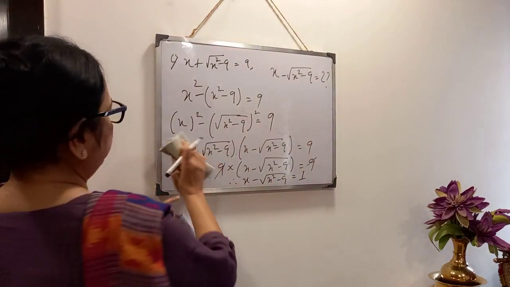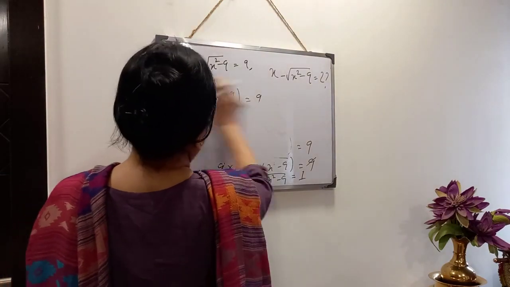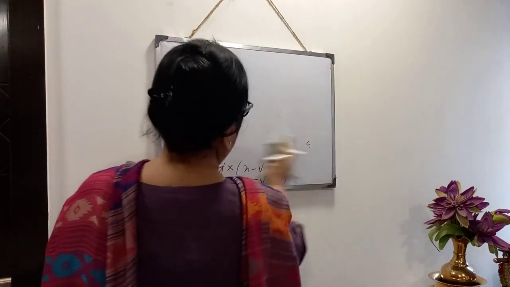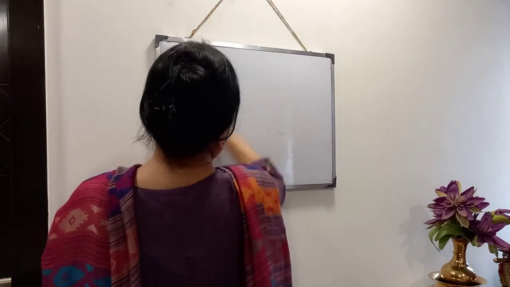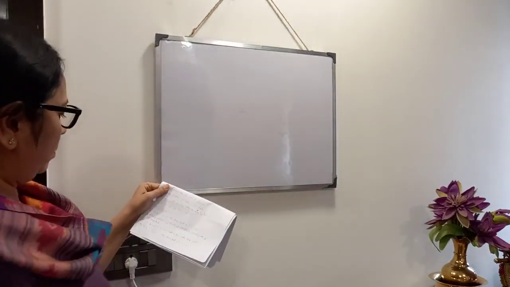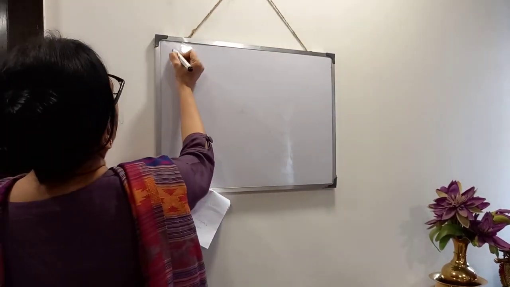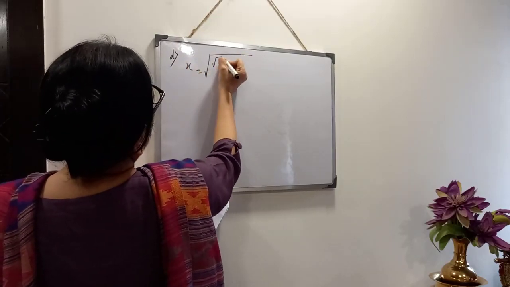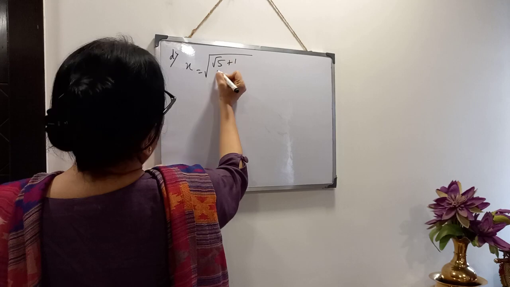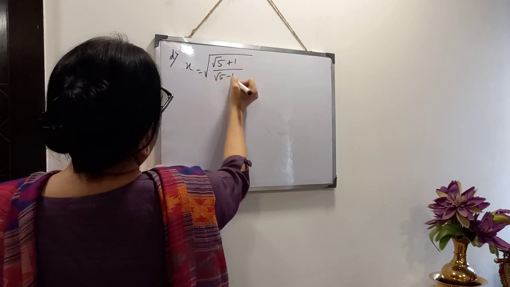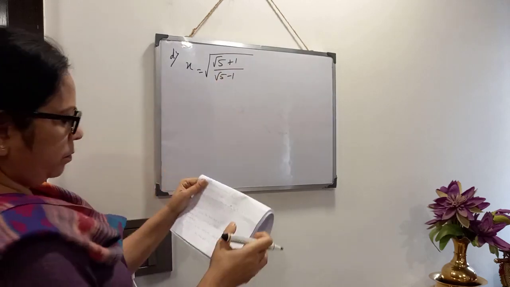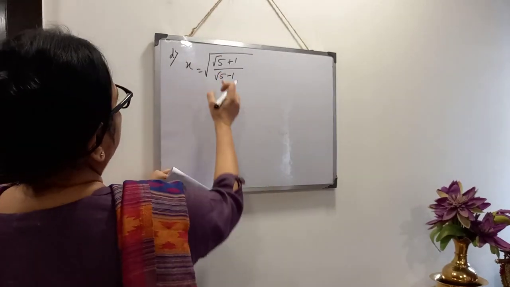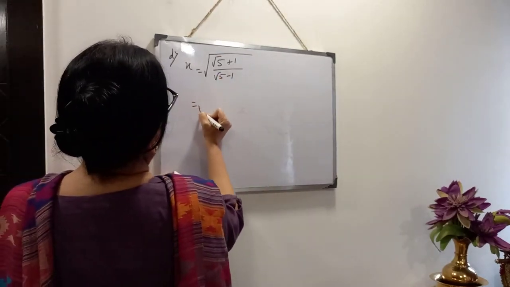Now next one, number D. X is given as a root, under root there is also root. Then show that something. Okay. First we'll rationalize this one under root. Clear?